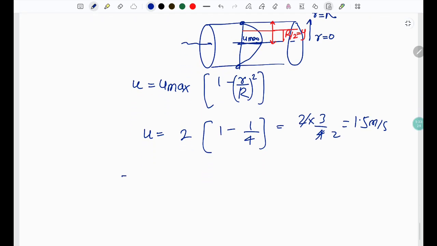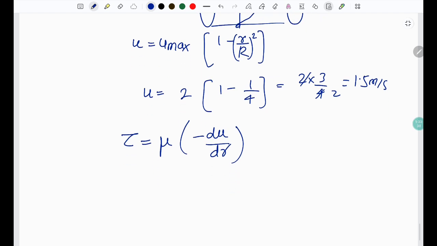Then we have tau equals mu times minus du by dr, which we can solve.